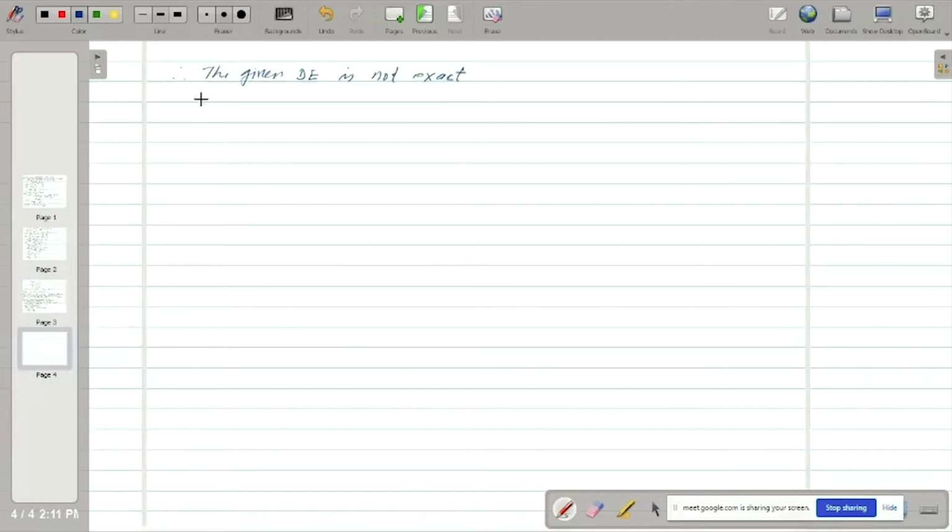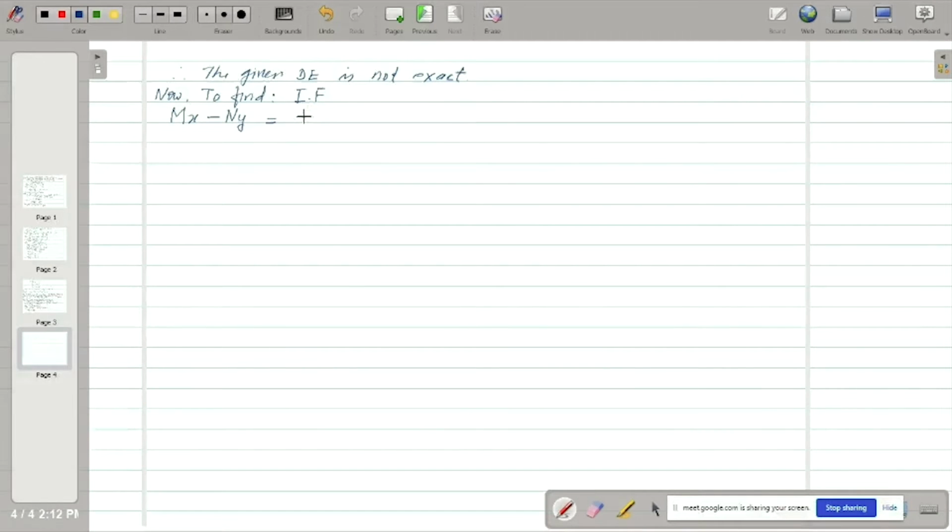So now, to find the integrating factor, IF, we first find the denominator part, that is Mx - Ny. What is M here? Can you tell me M?